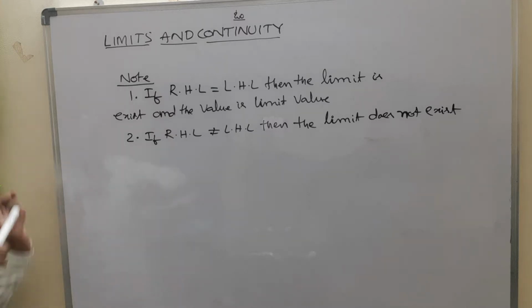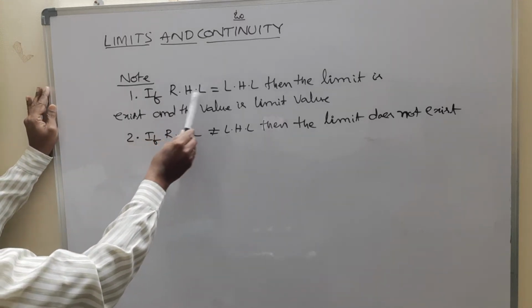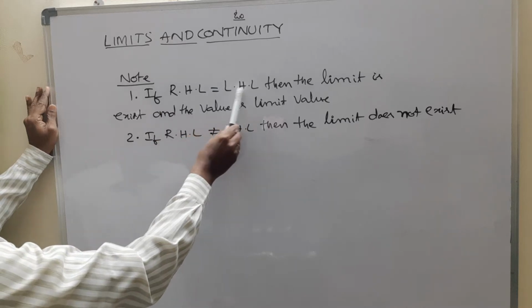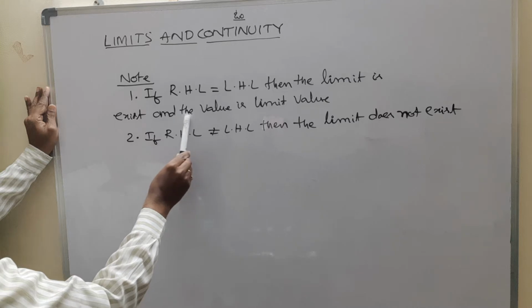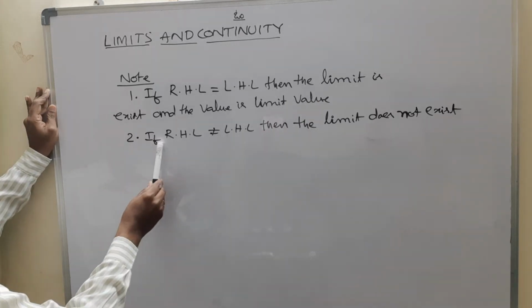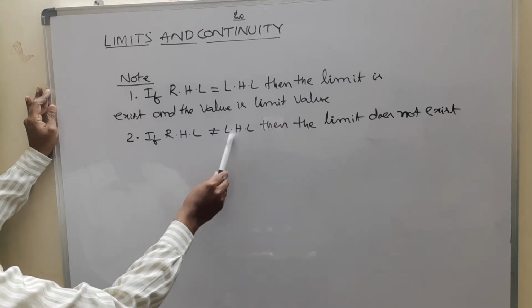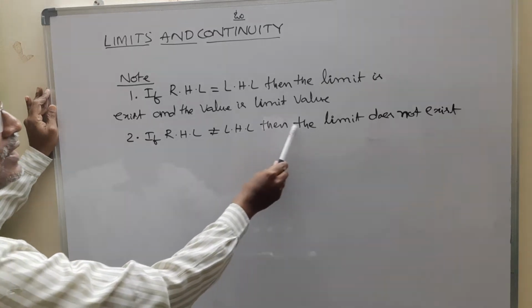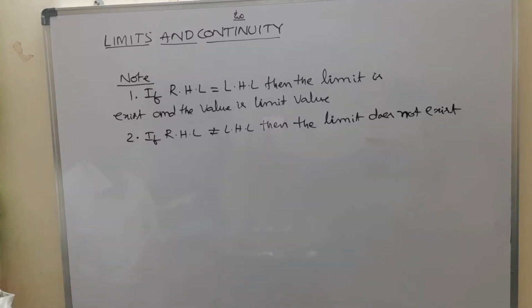Next, an important point: if the right hand limit equals the left hand limit, then the limit exists and that common value is the limit value. Second, if the right hand limit is not equal to the left hand limit, then the limit does not exist.